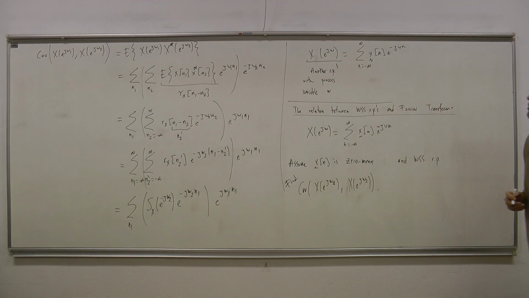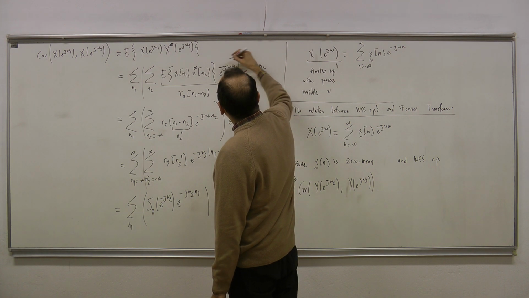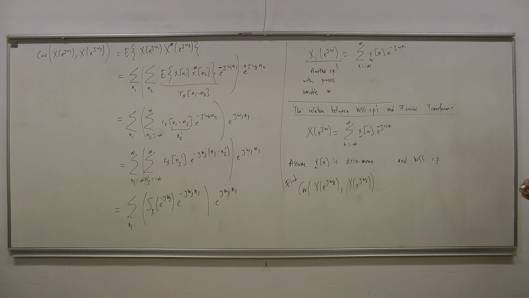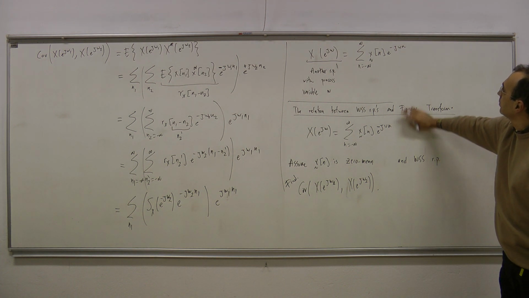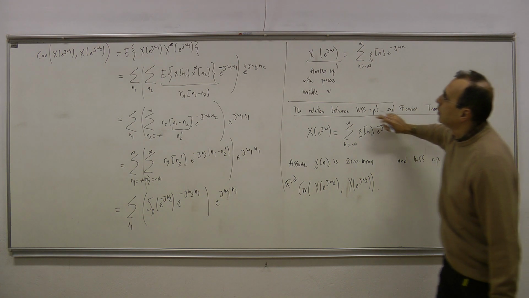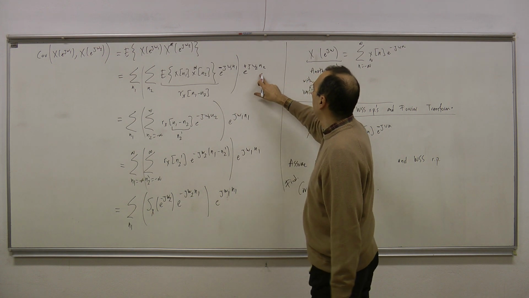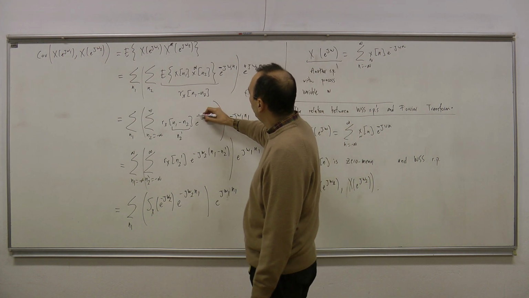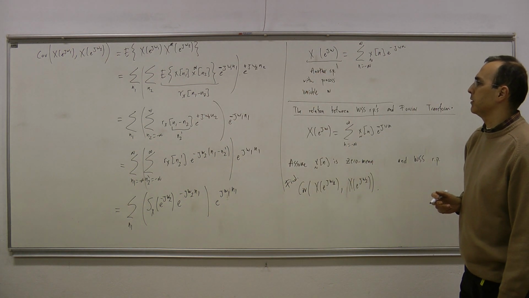Because this should be minus. Then this is the Fourier transform definition. This is minus. This was causing me the difficulty, I guess. Okay, let's check this. This is the Fourier transform definition. This is correct. Now I insert over here. This is correct. Now n1 has minus sign. N2 has plus sign.